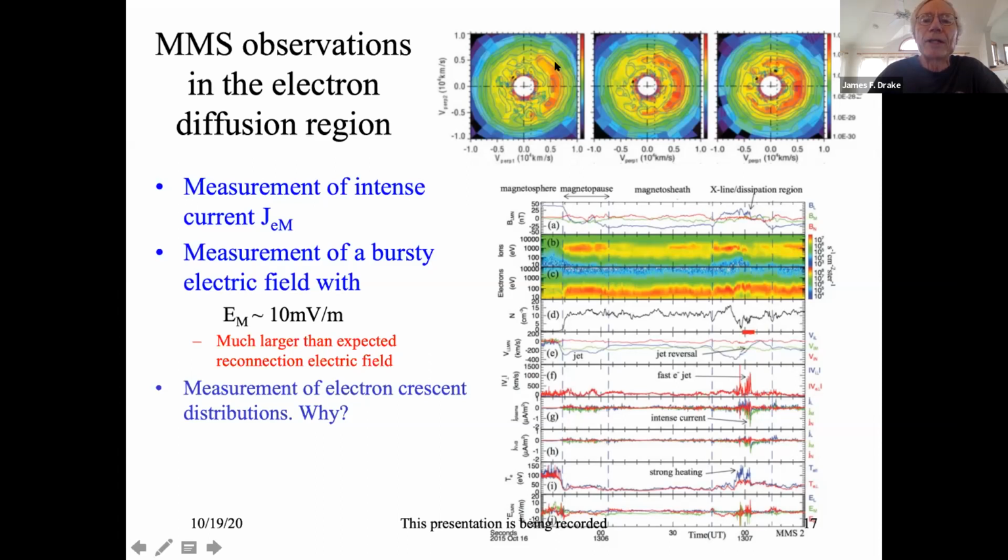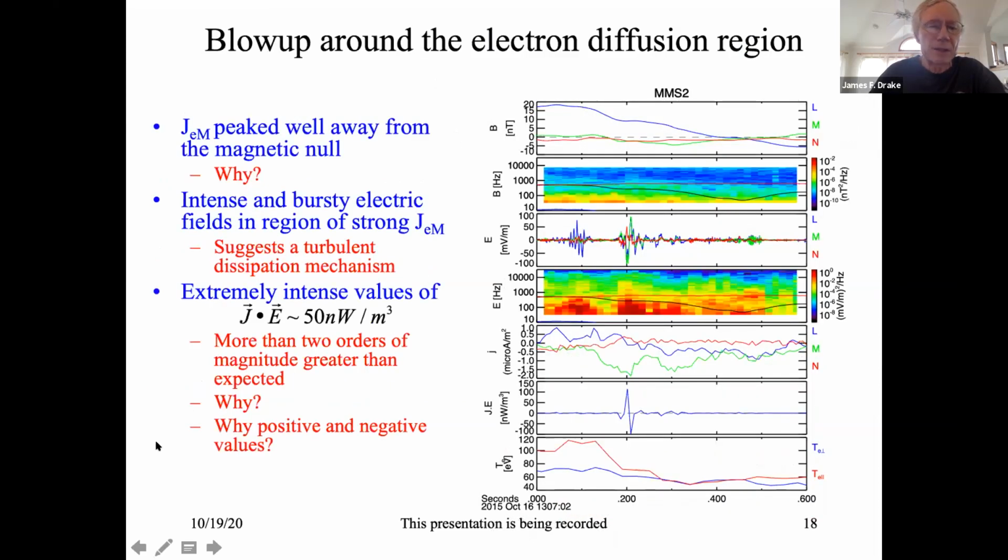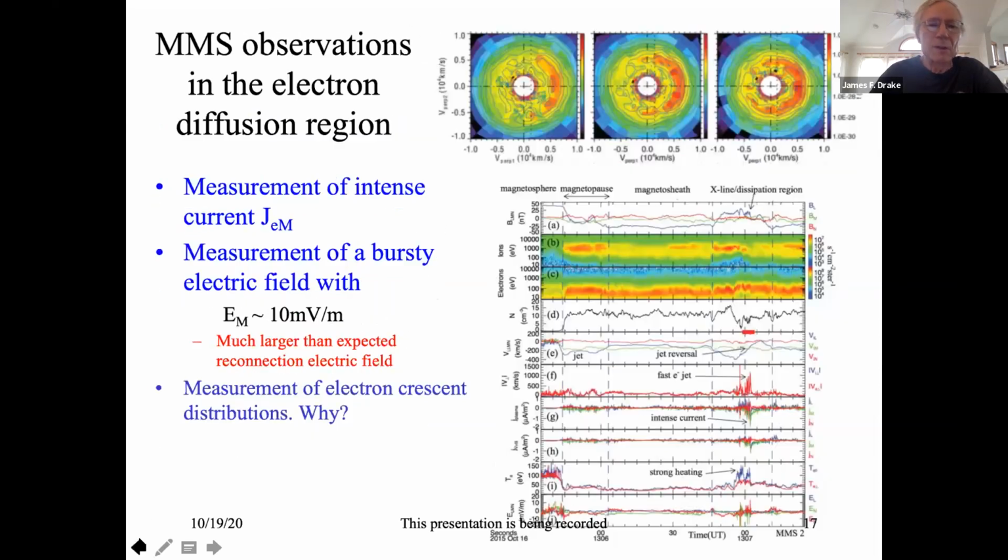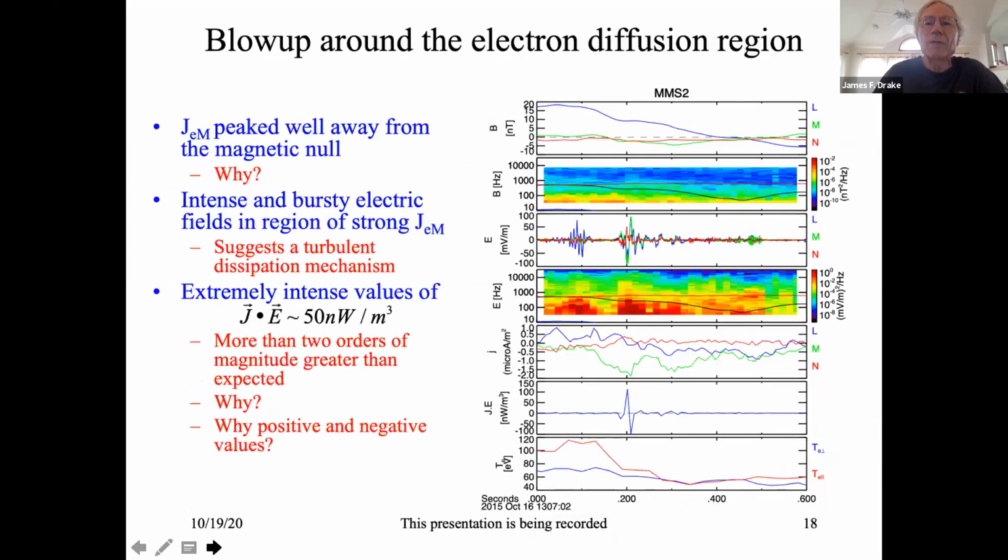In the plane perpendicular to the magnetic field, you see a crescent. So what is that crescent and why is it there? I'm going to talk about all these things which you did not expect: these large electric fields, much more intense currents, and then the crescent distributions. We'll talk about all of those.